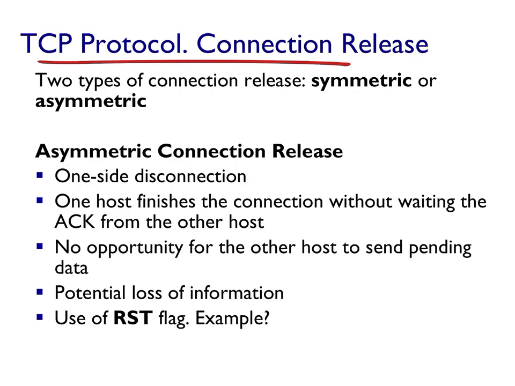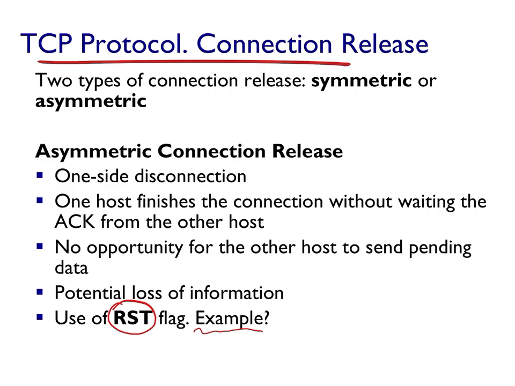The other case, the asymmetric connection release, is totally different. In this case, one of the hosts wants to disconnect at this moment in an abrupt way. So there is no way of continuing the connection with you. And maybe there is some data that is lost. So in this case, we use the reset flag.